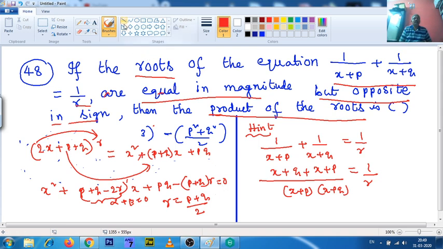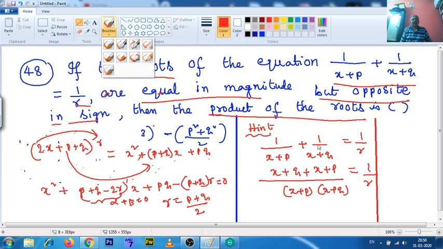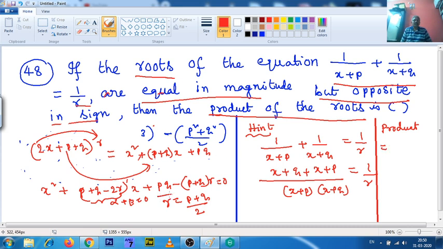So now we need to find the product of the roots. Product is equal to the constant term by the x square coefficient. That is nothing but pq minus (p plus q) into r.